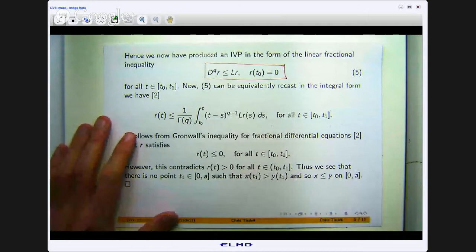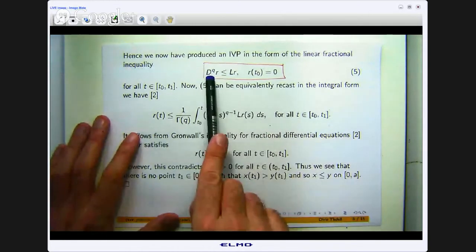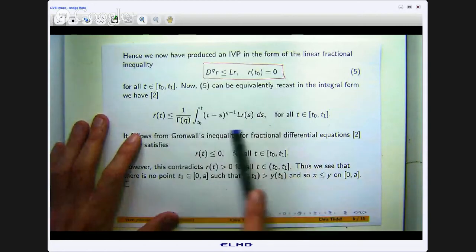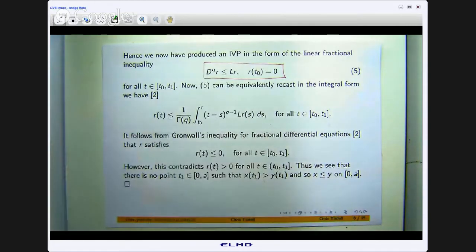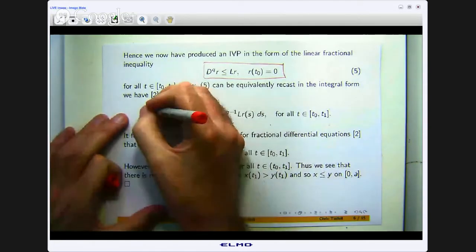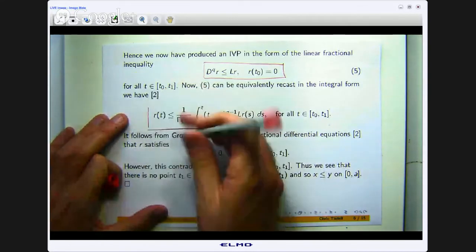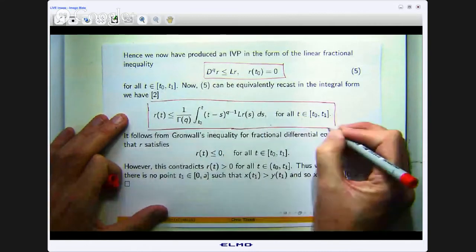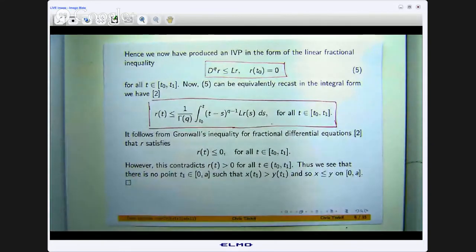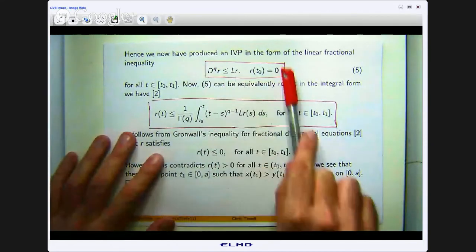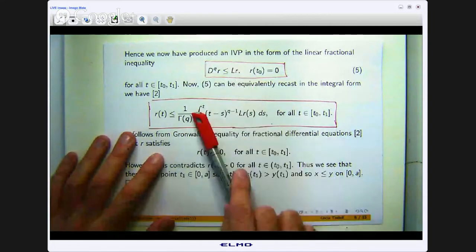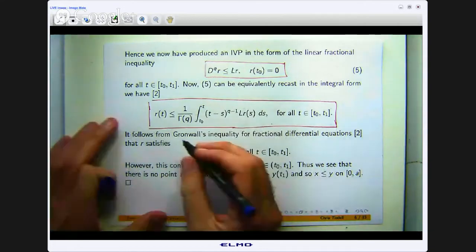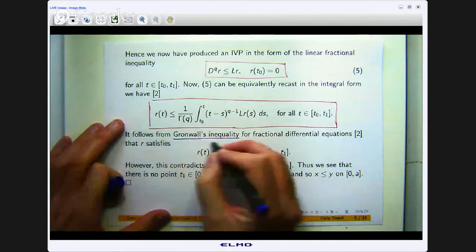Now, in previous videos, I've shown how you can recast this problem in this integral form. Or you can look it up in my paper, which is reference 2 in the references, which I'll show you. Now, from that, or equivalently that, these two are the same kinds of problems, you can apply a special inequality called Gronwall's inequality.